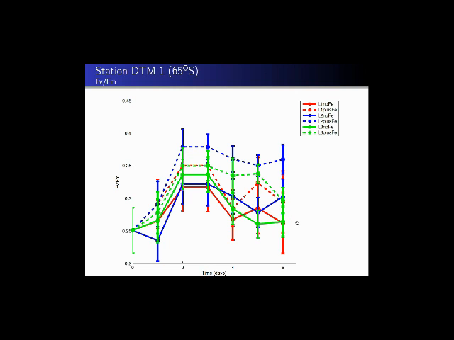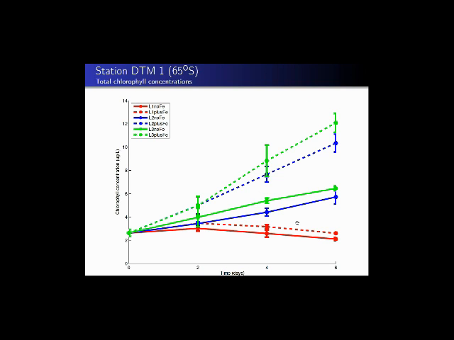Again, this is even clearer in the chlorophyll concentrations, where both samples with added iron were much higher than the samples with no iron. And this applied even if the light, say at L2, was lower than the light at L3.